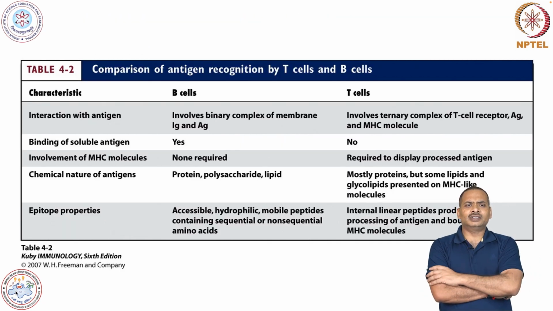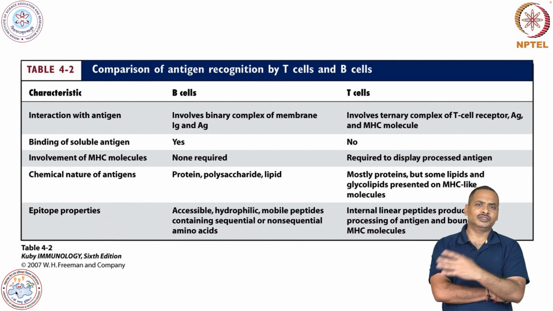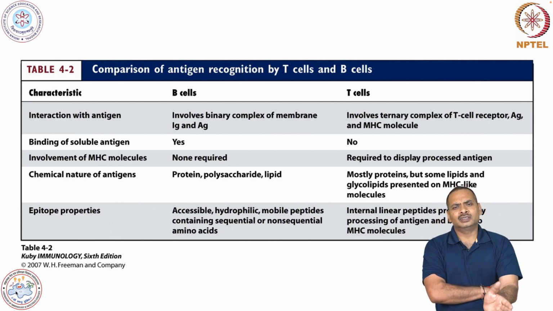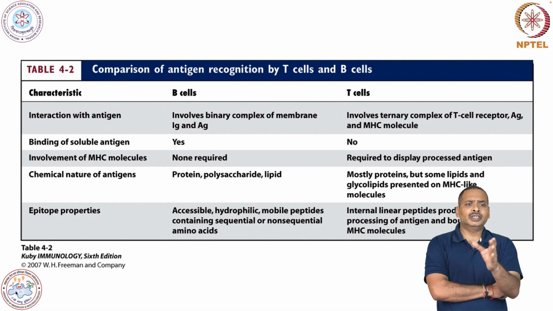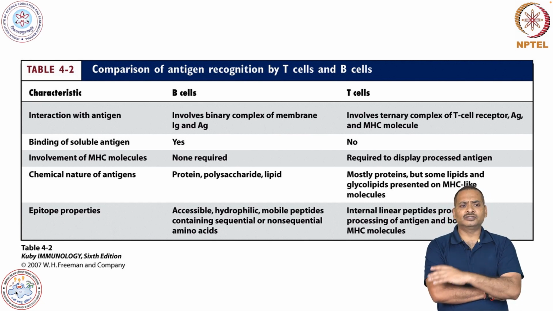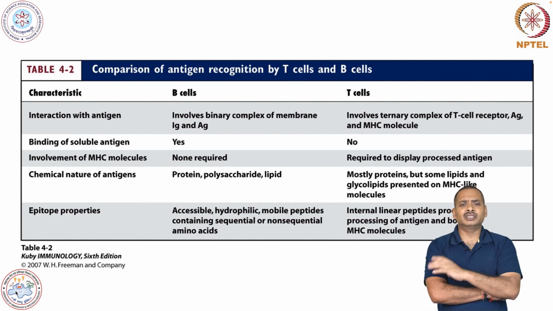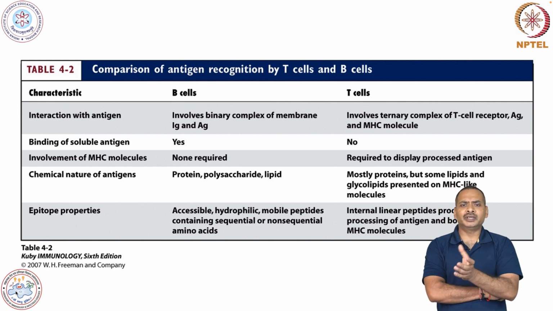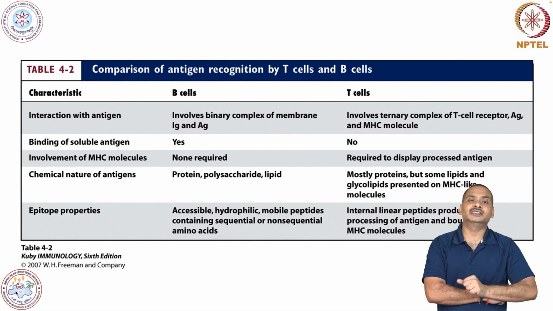Now here I have a little comparison of antigen recognition by T cells and B cells. This will clear any further doubt. Interaction with antigen in case of B cell basically makes a binary complex of membrane-bound immunoglobulin and antigen.